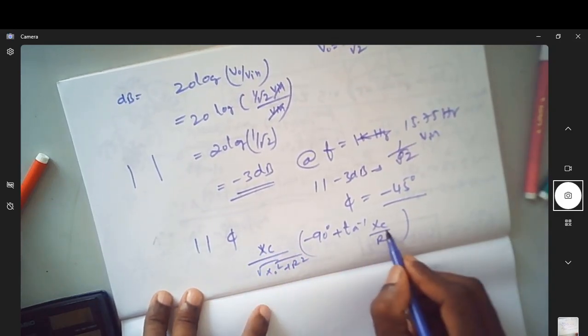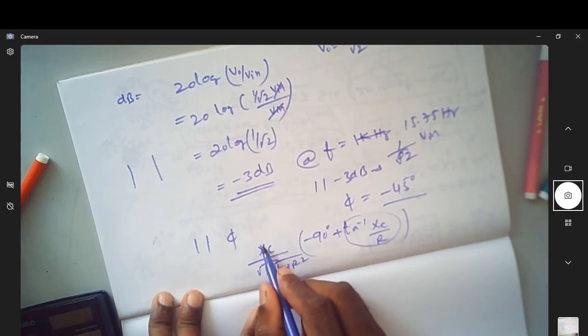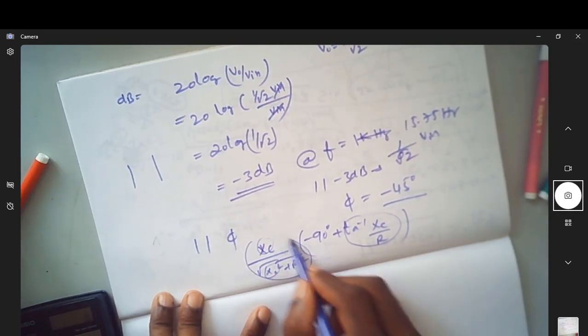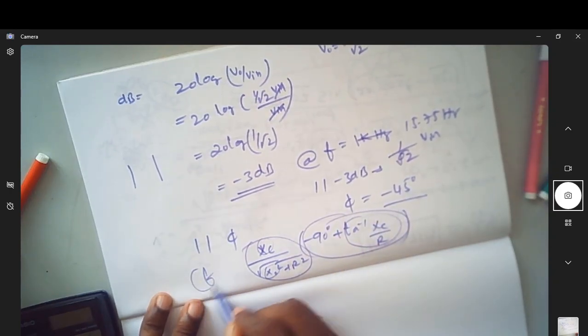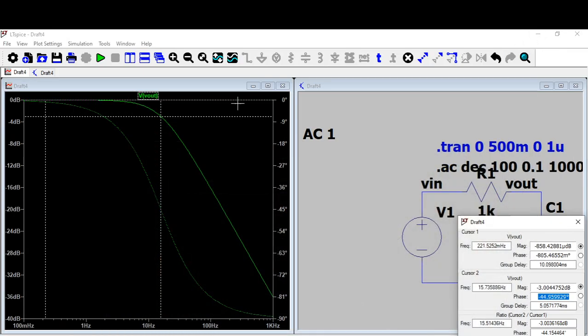So as the value of f changes, this is changing, this is also changing. So naturally the magnitude also changes, phase also changes as the frequency of the input signal changes. So that's exactly being represented here. You can see as frequency is changing from 100 millihertz to 1 kilohertz, the magnitude is changing, phase is also changing.